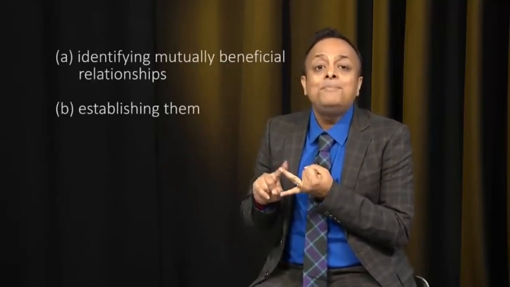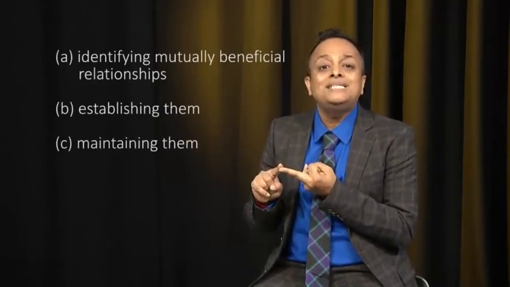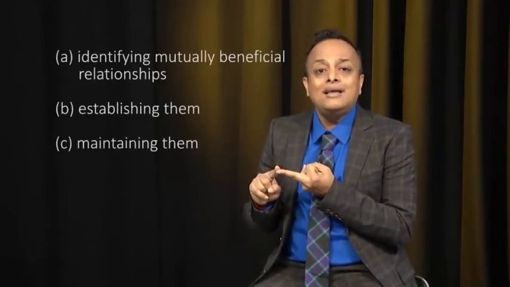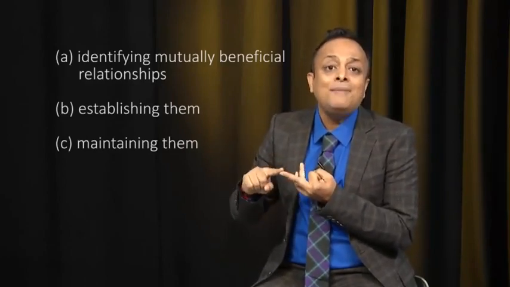Also note the different elements of the management function. These elements are A, identifying mutually beneficial relationships, B, establishing these relationships, and C, maintaining them. So again, you have three different steps: identify, establish, and maintain.